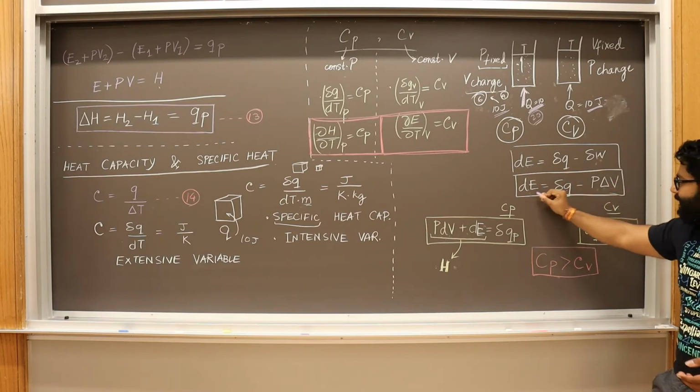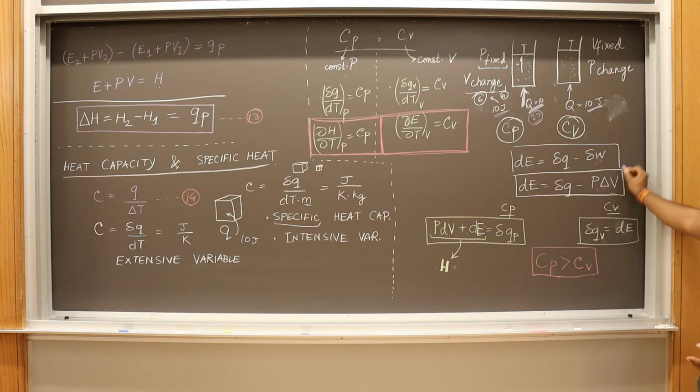What is left is dE is equal to del Q, because this goes to 0 for the Cv case. So del Q becomes del Qv, because we are trying to see what happens at constant volume. So del Qv becomes dE. Now keep this in mind: how the first law became simplified for the Cv process.